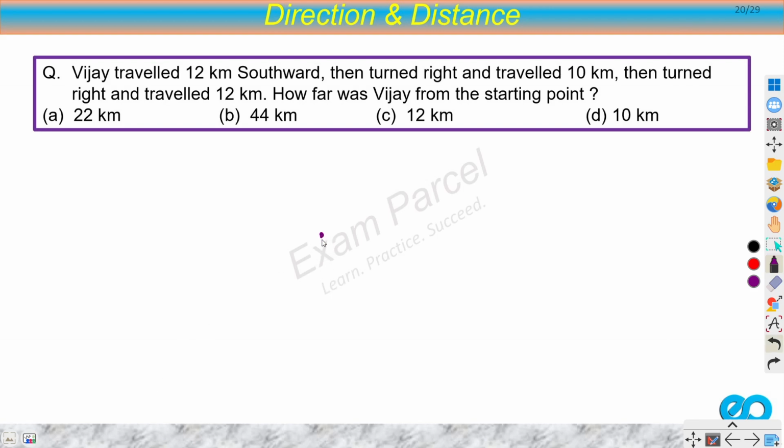He traveled 12 kilometers south. Then turned right. His right would be this direction, right? Because his face is towards south. He traveled 10 kilometers, so this is 10. Then turned right. His face is in this direction, so his right would be this direction, right? So he traveled 12. So he came exactly in this line.